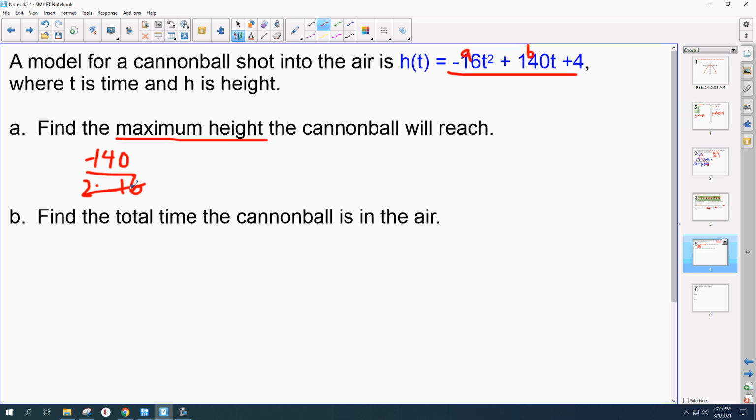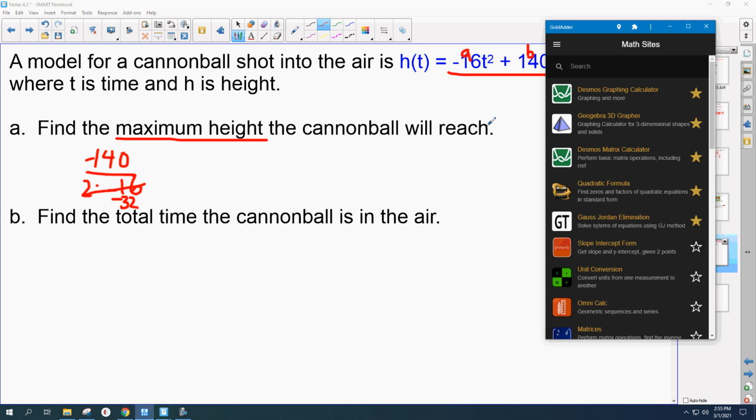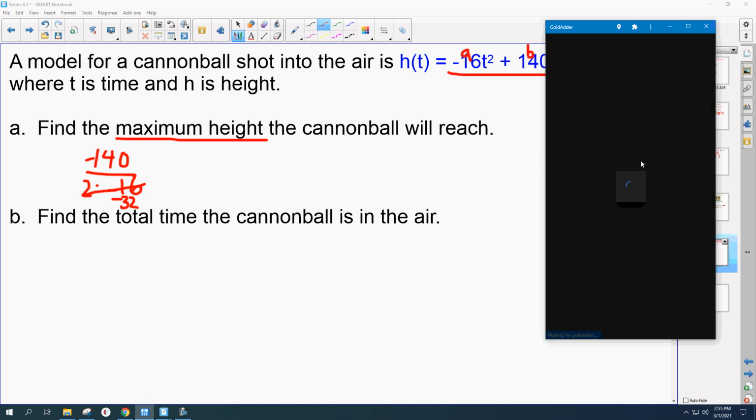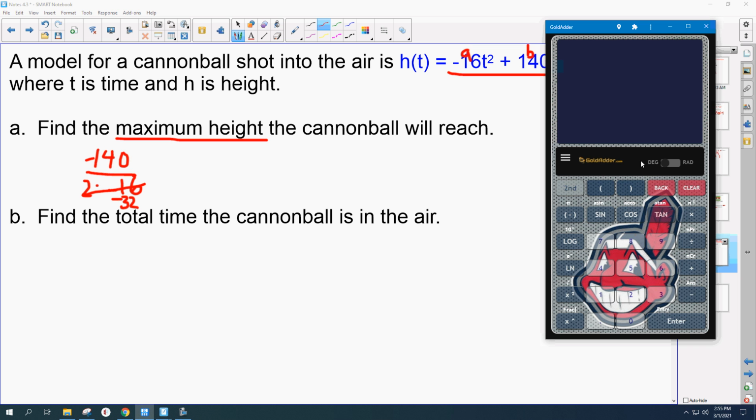All right, so that's negative 32 on the bottom. Let's use a calculator for that. Negative 140 divided by negative 32 is 4.375.